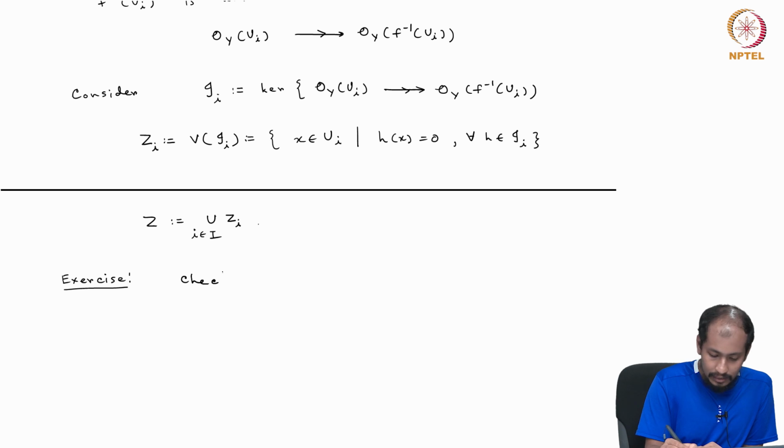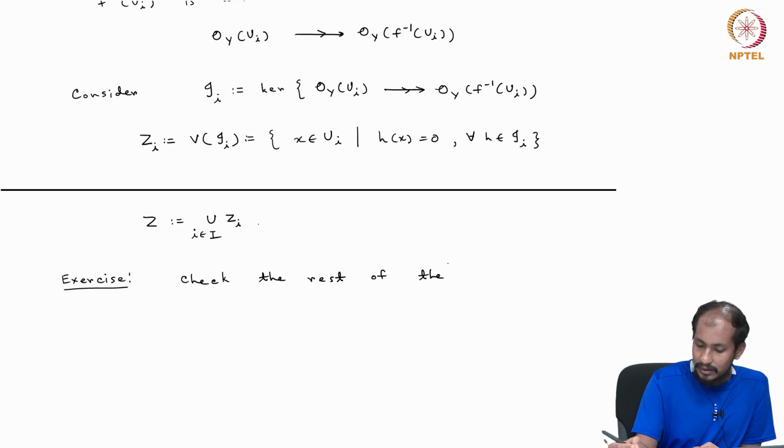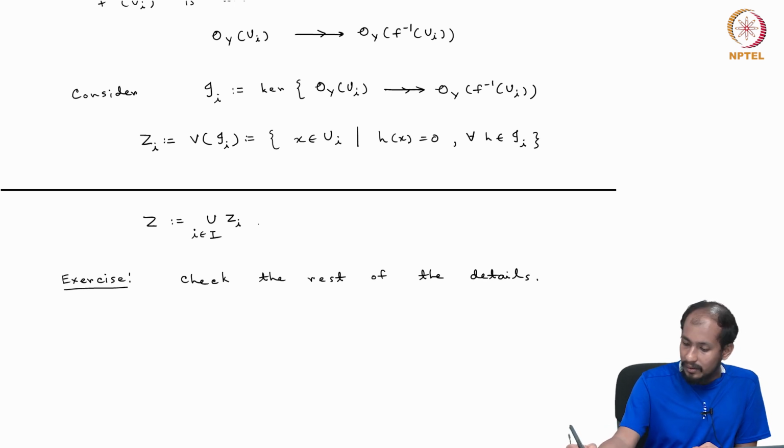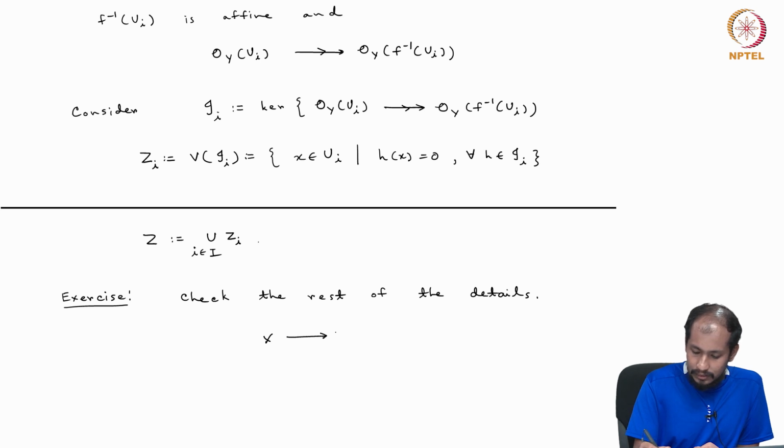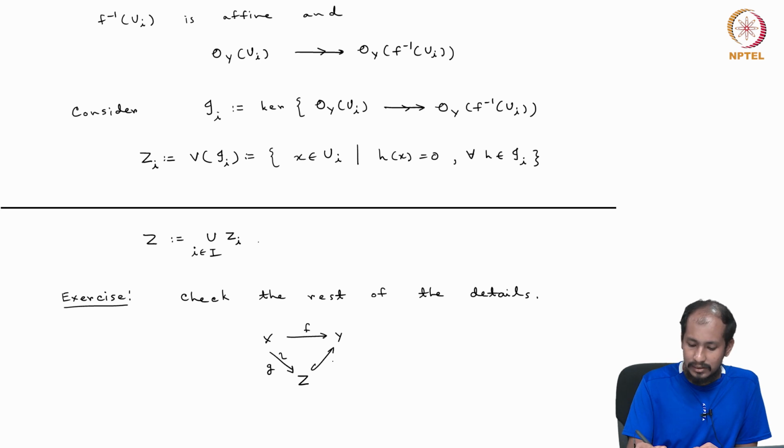Check the rest of the details. What you have to show is that this map from X to Y factors through Z, that there exists a g which is an isomorphism, and that this is the inclusion, a closed subvariety.